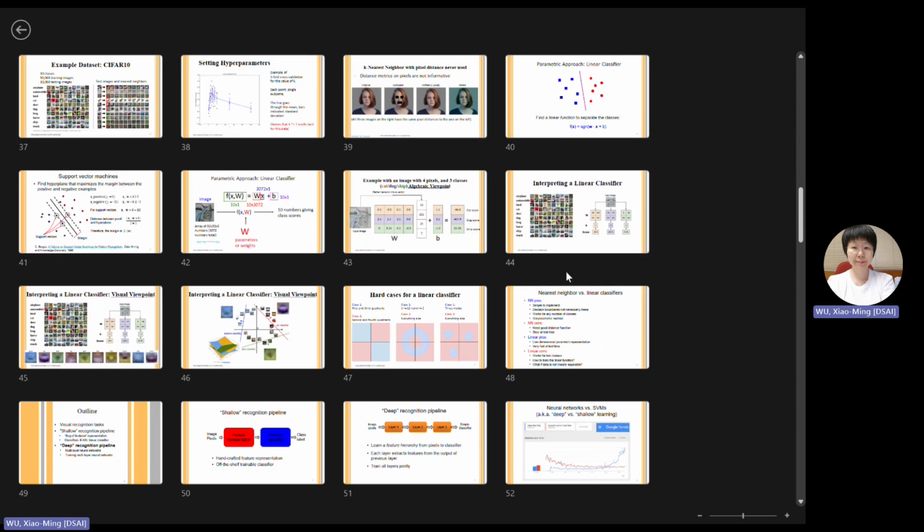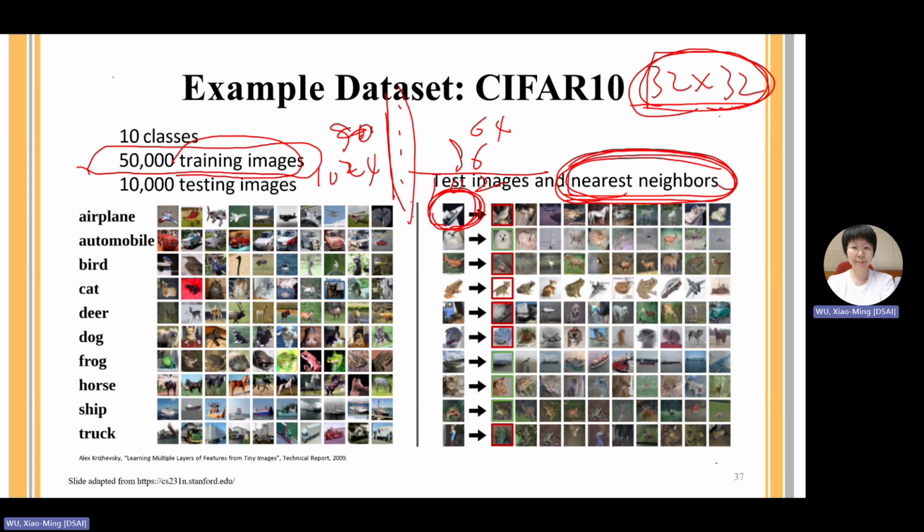Then we can apply L2 distance, Euclidean distance, or L1 or Manhattan distance, which are not shown on the slides. So the selection of the distance function is one hyperparameter for the k-nearest neighbor algorithm.